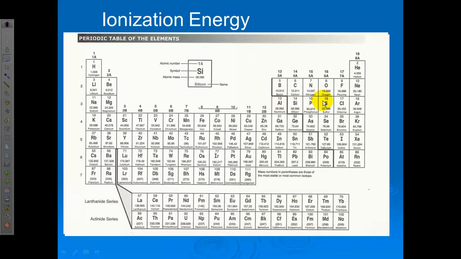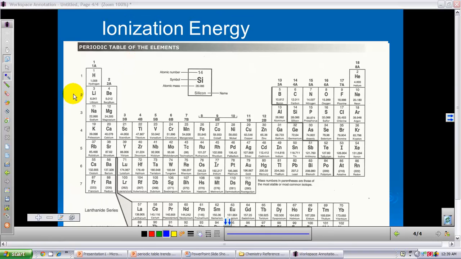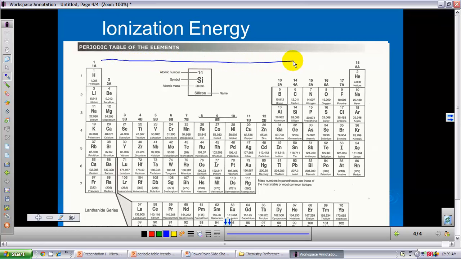But as I continue to go across the periodic table and get closer and closer to the halogens, the halogen group is not going to be happy if I want to take an electron from them because they're almost at the octet. They've almost made it to be a noble gas. So the ionization energy goes up as you go across the periodic table up to here.